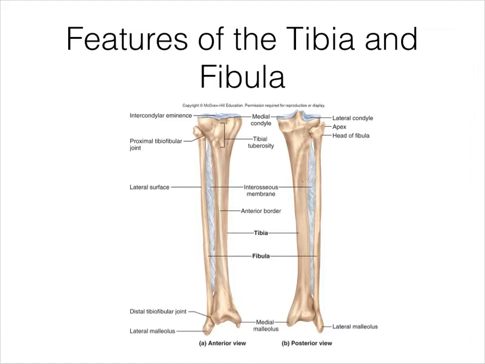An eminence basically means elevated area, so it's a process that sticks out, and intercondylar means between the condyles. So it basically just describes where it is and what it is. The lateral and medial malleolus, these are the mallets that form your ankles, and remember that the lateral one is going to be on the fibula, la for lateral.